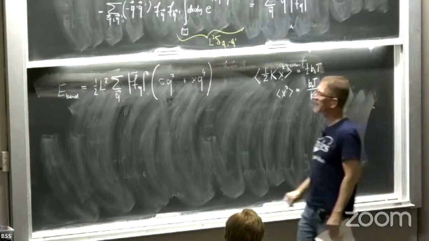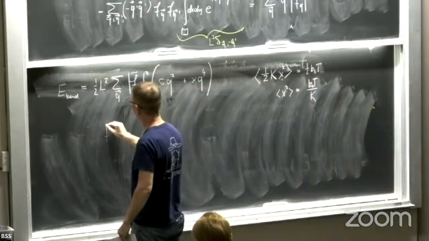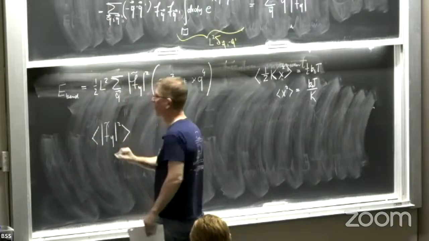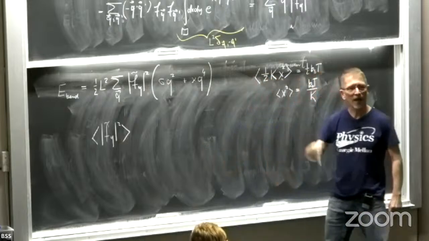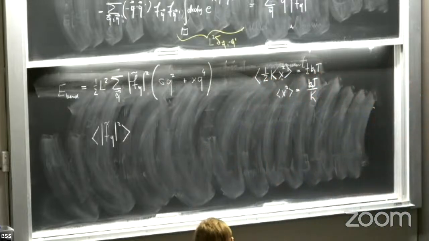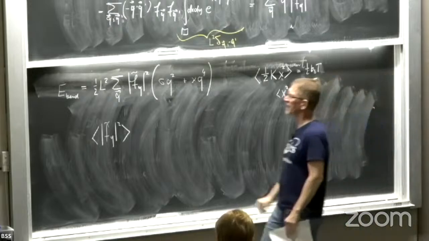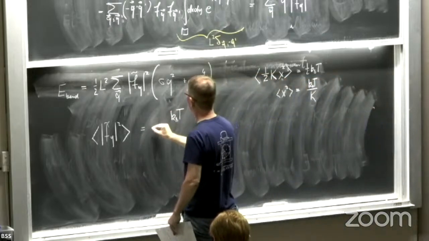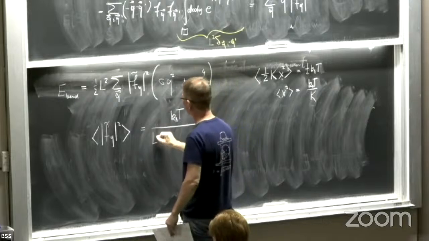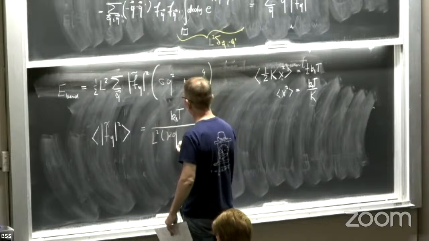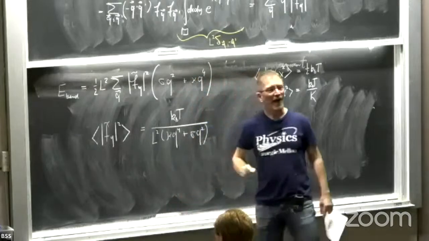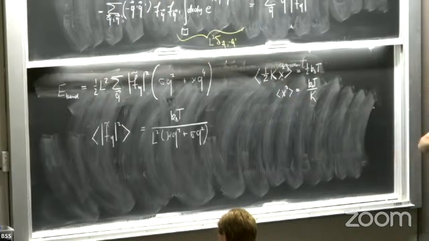And so what we find is that f tilde q modulus squared, the thermal average of this, what's the mean squared amplitude of a given Fourier mode of my membrane? This is kT, because it's excited by kT, divided by L squared, kappa q to the 4 plus sigma q squared. And that's the power spectrum of thermal shape fluctuations of a Helfrich membrane.